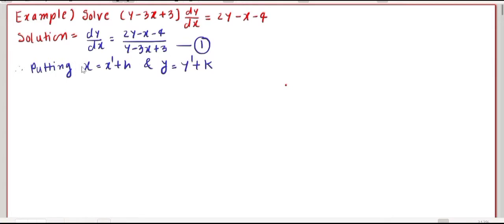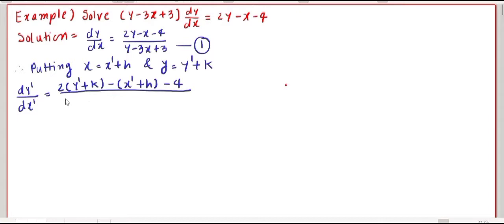Then the given equation becomes dy dash by dx dash is equal to 2 into y dash plus k minus, putting the value of x dash plus h, minus 4 divided by y dash plus k minus 3 into x dash plus h plus 3.